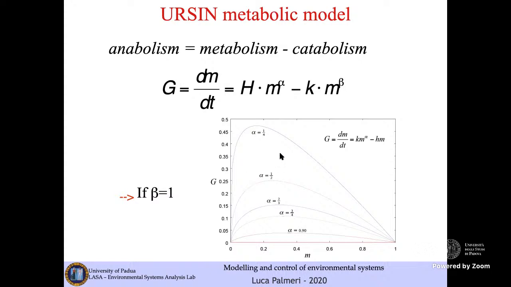I am employing these rational values because these values of the exponent in the increasing part are somehow linked to some topological constraint related to the way in which resources are transported in living networks. We see some examples.